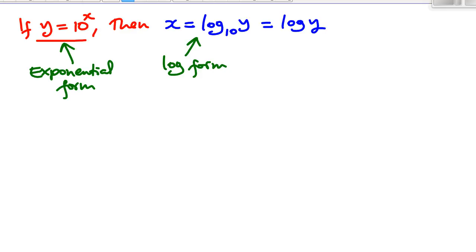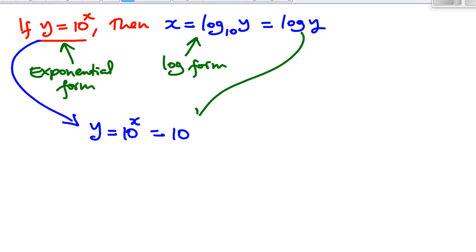So which means that y can be written as 10 to the power of, we know that it's 10 to power x, but we can write that as 10 to power whatever x is. We know that x is log y.